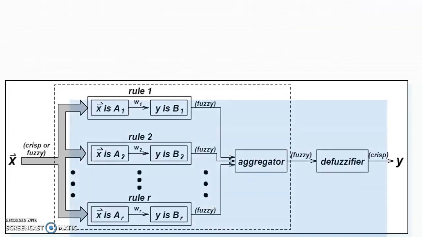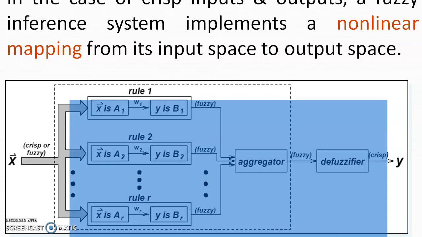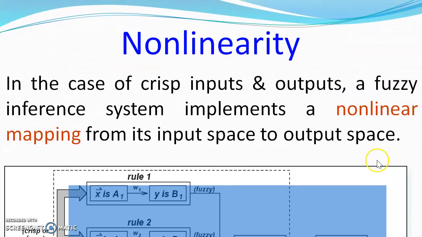Whenever this fuzzy inference system works, there is obviously a sense of non-linearity. Why this non-linearity? Because every crisp input and every crisp output we are talking about are real-time examples, and in real-time examples we are dealing with nonlinear problems.